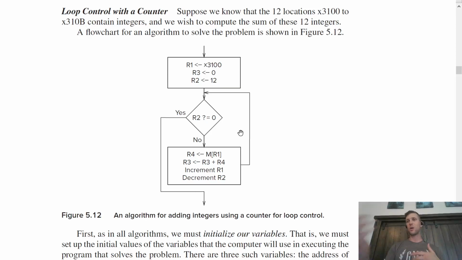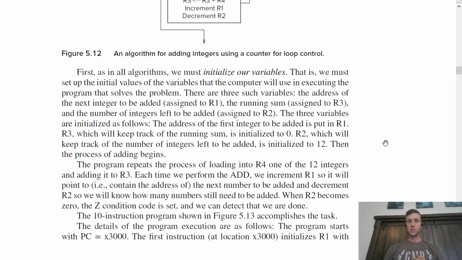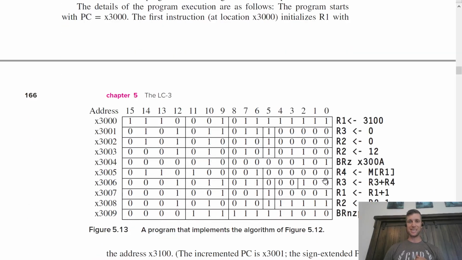We have branch if negative, branch if positive, branch if 0. And so this condition is quite easy to check as long as the terminating condition is if the register equals 0. So you can see that implemented down here.